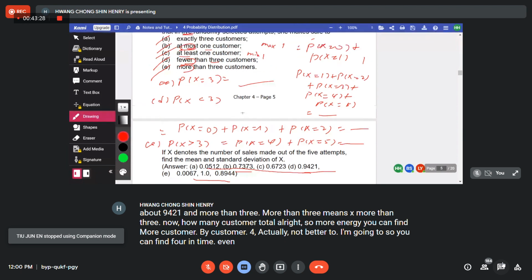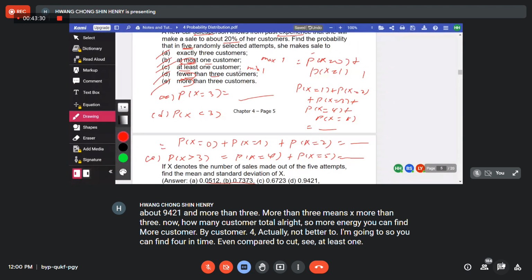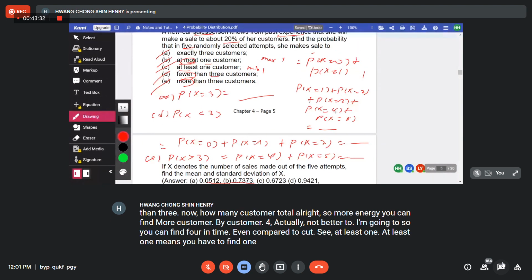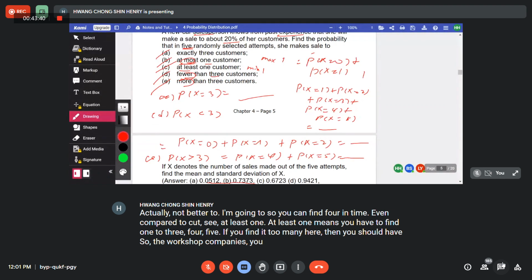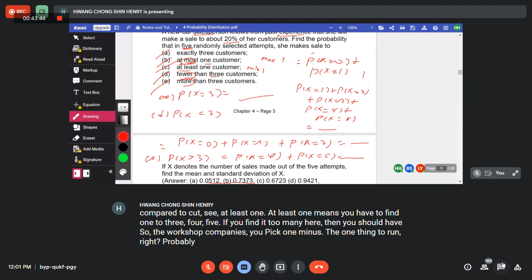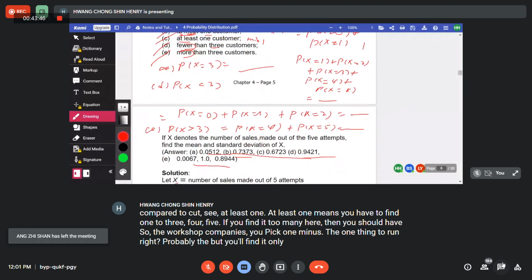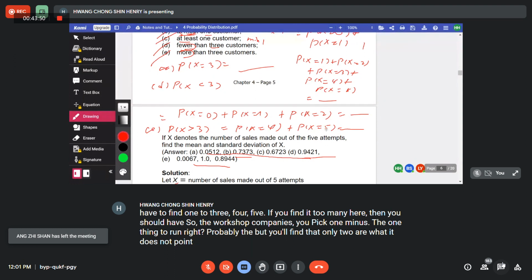If you compare to part C, at least 1 means you have to find 1, 2, 3, 4, 5, right? If you find it too many, then you use a shortcut. So the word shortcut means you take 1 minus the probability that you don't want, right? But if you find that only 2 or more than 3 customers, 4 and 5, then you still can calculate the 4 and 5 probability and add it up.